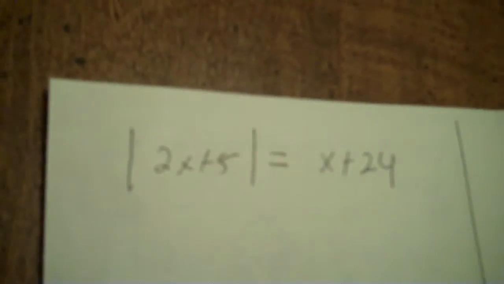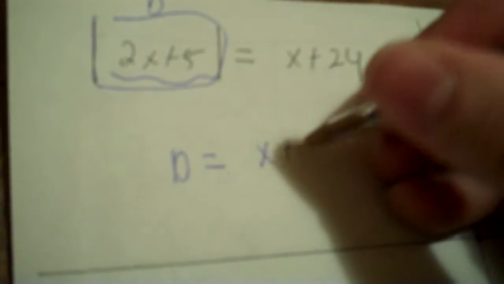Next one. Absolute value of 2x plus 5 equals x plus 24. So you got 2x plus 5. Bring that into the other side. Just replace that with d. d's by itself, don't have to do anything, so we got x plus 24.